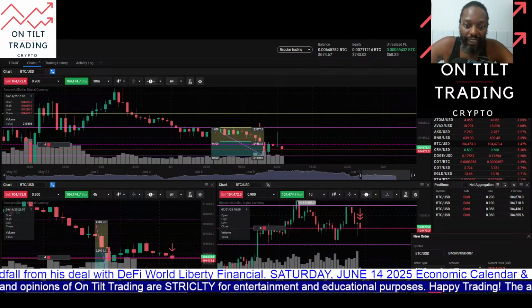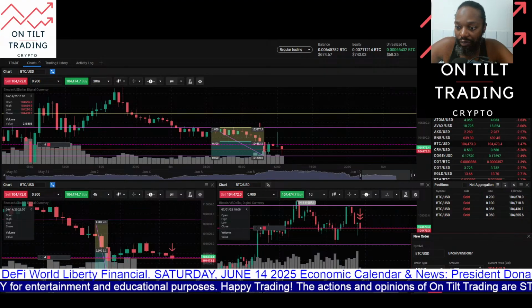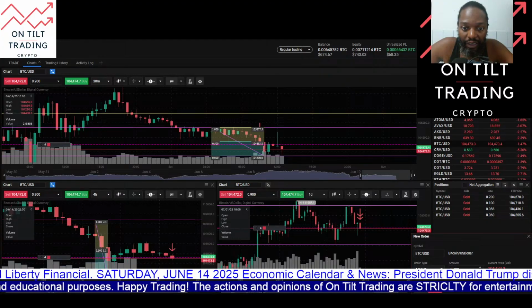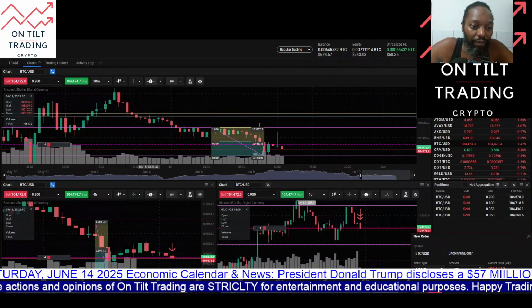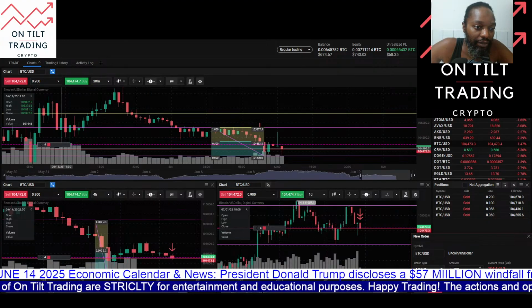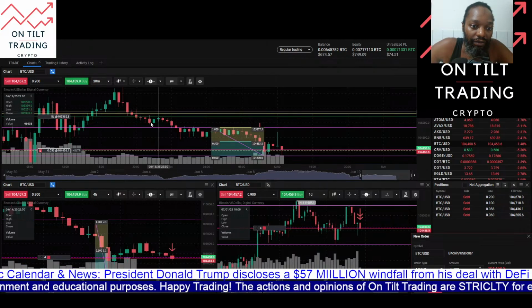Once this candle closes, I will pull up that order. Everything right now has a stop loss up here. All these orders have the same stop loss right here.